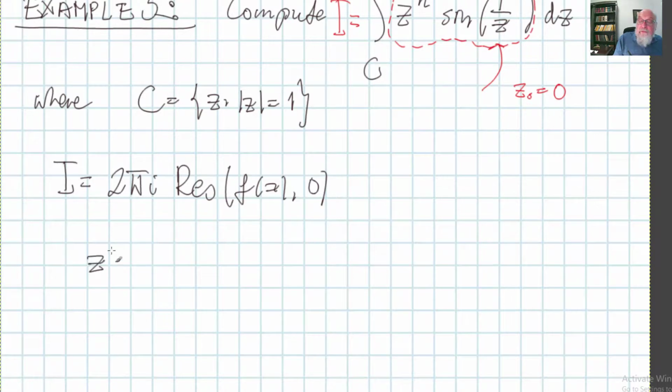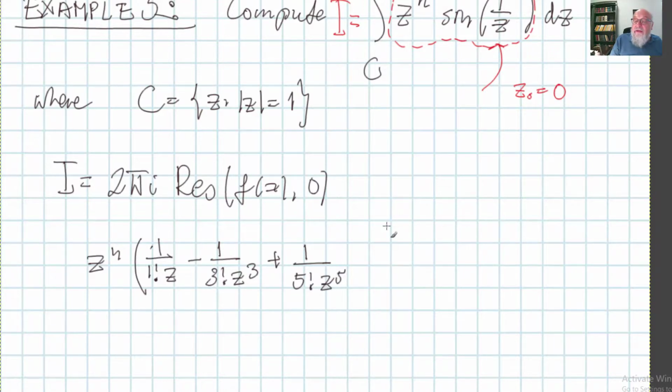So let me do it. So z to the n, and function sine is well known, so this will be just simply 1 divided by 1 factorial z, minus 1 divided by 3 factorial z cubed, plus 1 divided by 5 factorial z to the 5.